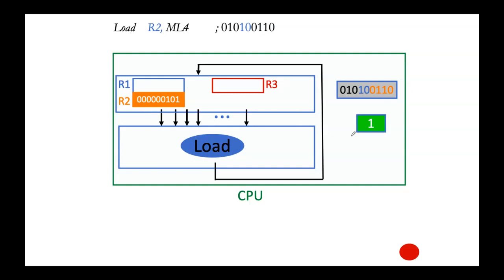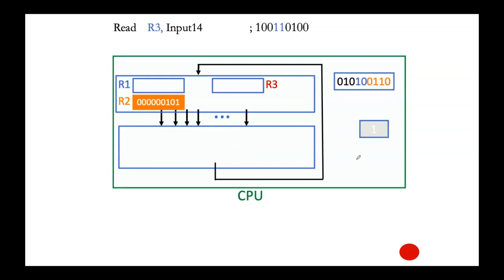When it is decoded and the first instruction is executed, the program counter is incremented from 0 to 1. Then it tries to fetch the instruction from the memory, that is the second instruction, which is your read instruction. The read instruction format is 10011, and so on.